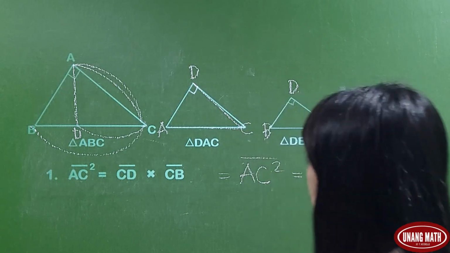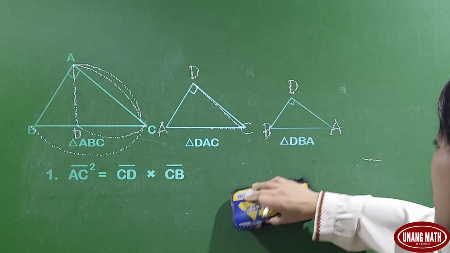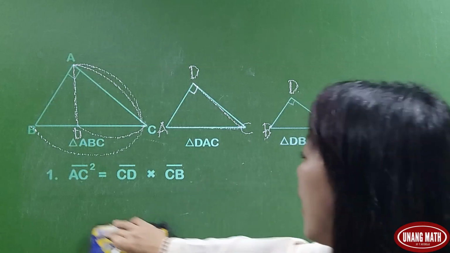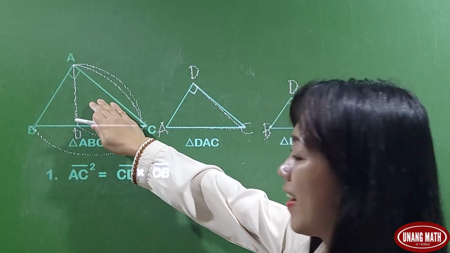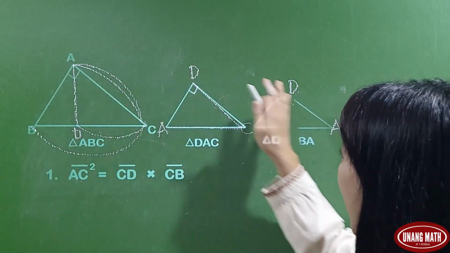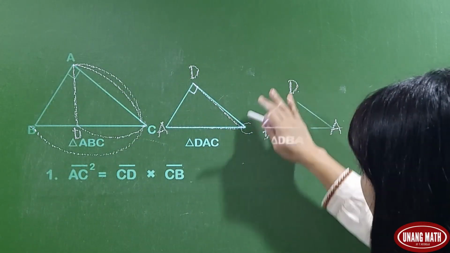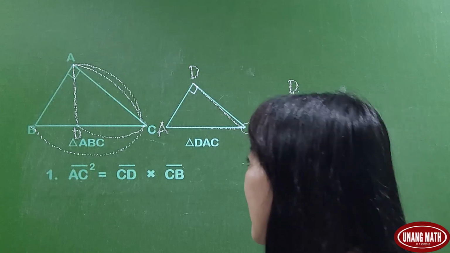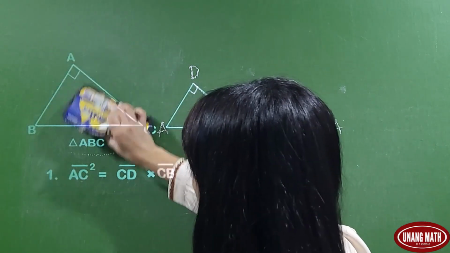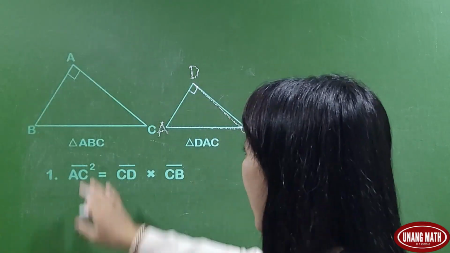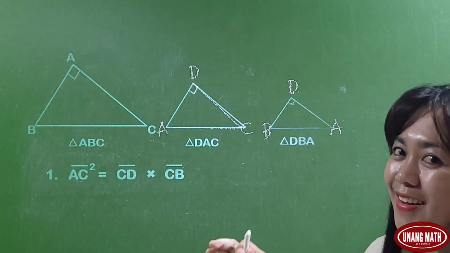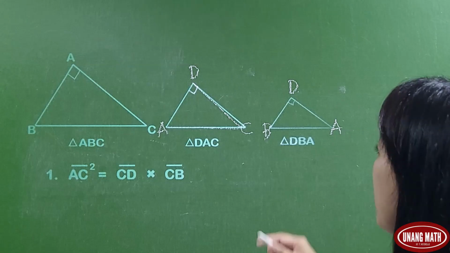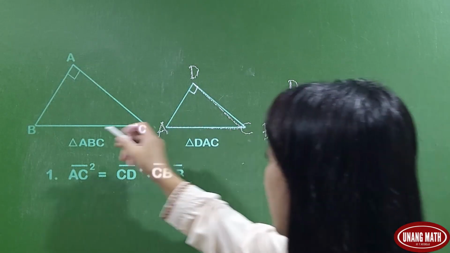What about the second theorem? This time, we are going to use the original right triangle and this smallest right triangle. If you take a look at these two right triangles, the common side would be BA.